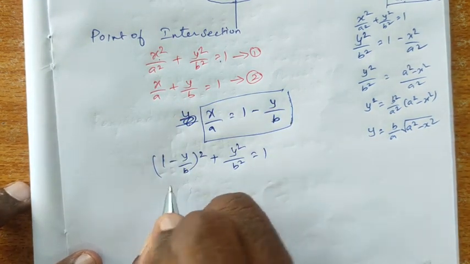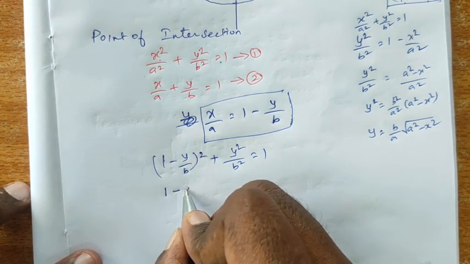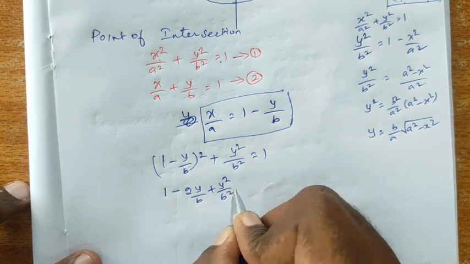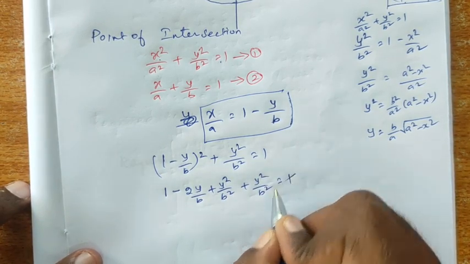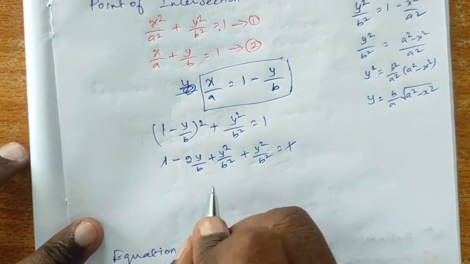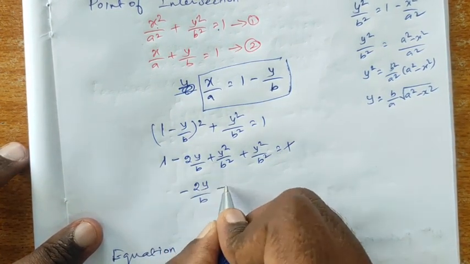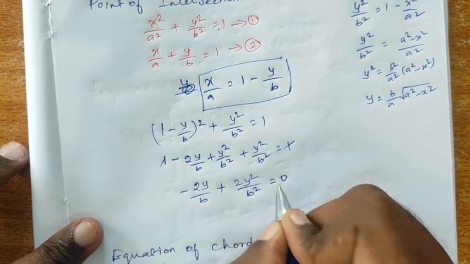So simplification, 1 minus 2y by b plus y square by b square plus y square by b square is equal to 1. So minus 2y by b plus 2y square by b square is equal to 0.